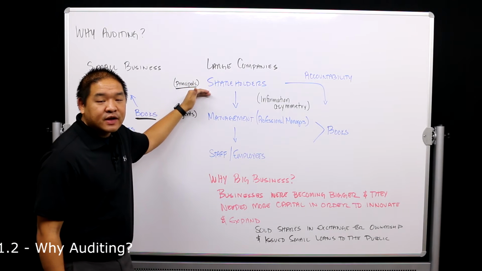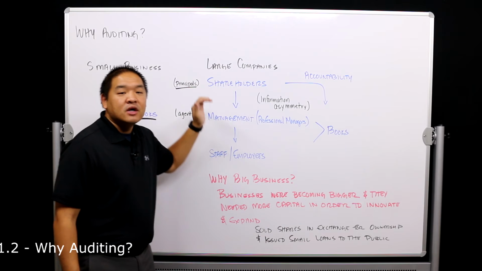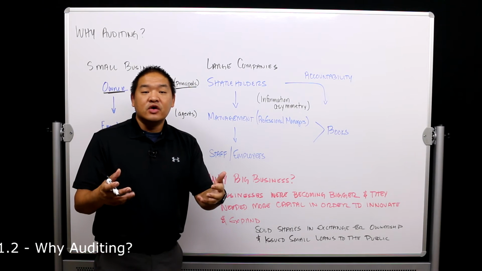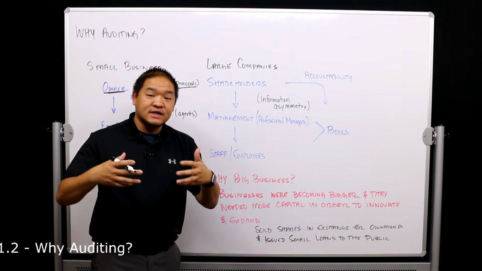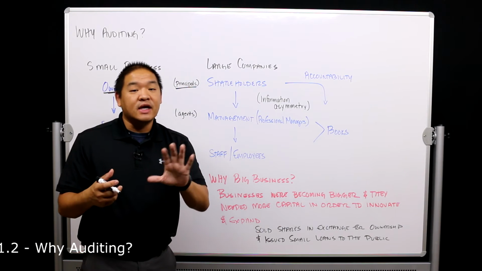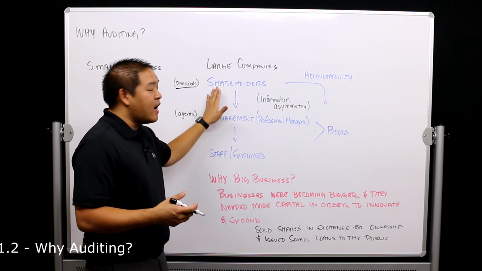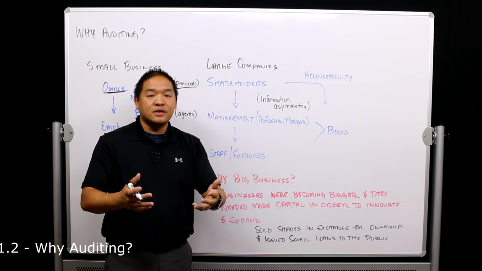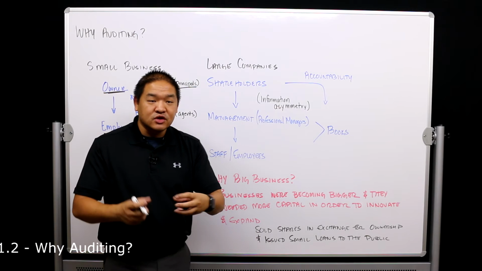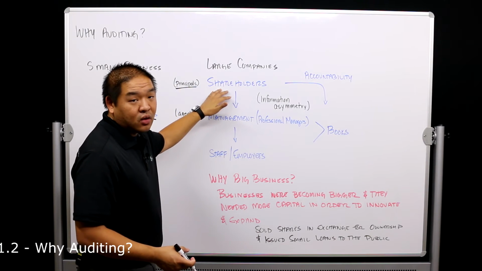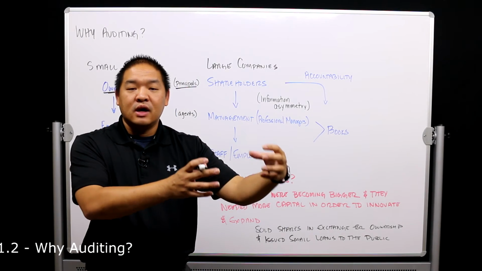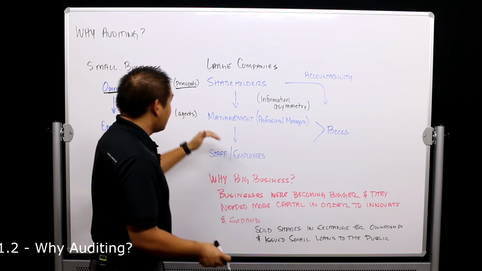If we think about some of our big companies, we might have Disney, whose president and CEO is Bob Iger, and he is a professional manager. Now, he doesn't own all of the Walt Disney Company. And so the board of directors or members that are shareholders have hired him to manage the Walt Disney Company. And so that's management.